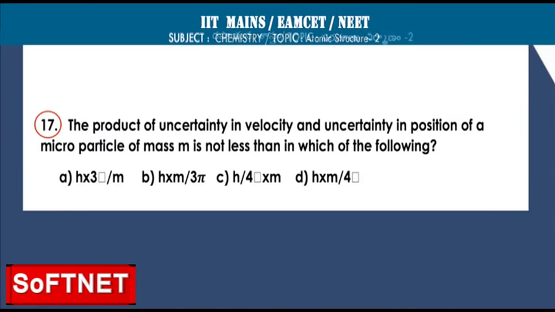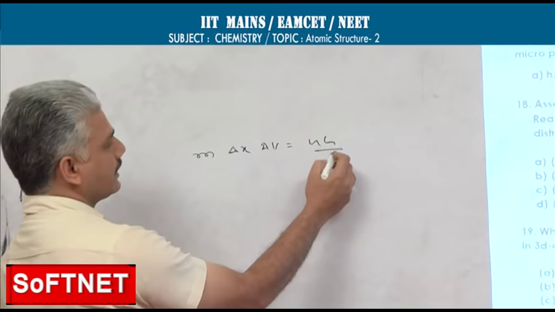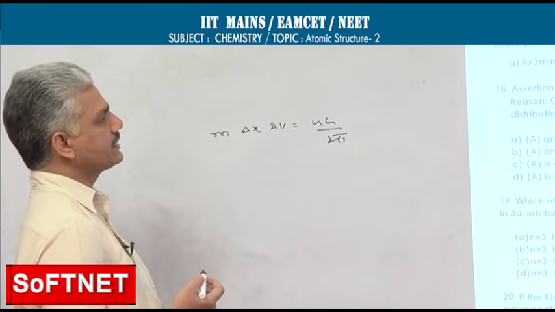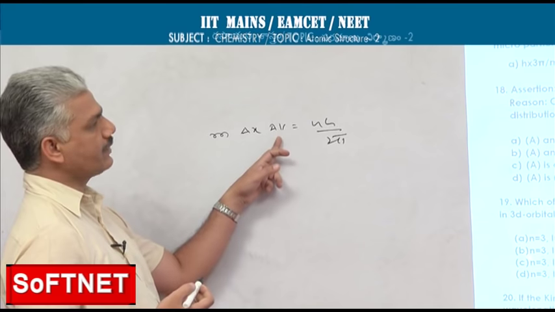Number 17. The product of uncertainty in velocity and uncertainty in position of a microparticle of mass m is not less than which of the following? So, here we have to make use of Heisenberg's uncertainty principle, according to which m delta x delta v is equal to nh by 2 pi. Here the product of uncertainty in velocity and uncertainty in position is required.